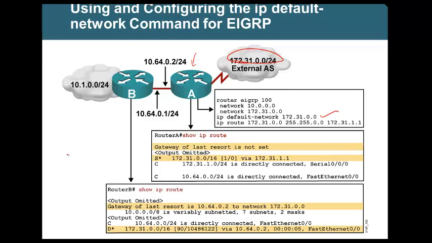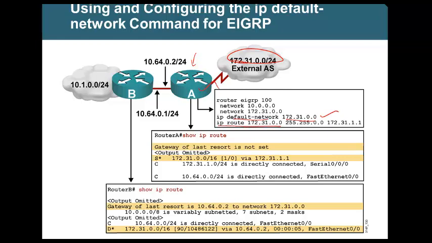Now, after defining it as a default network, you also need to have a static route in the router for that network. You may ask why? That's a good question. Why? Because if the route is not seen in the routing table for this network, EIGRP cannot advertise it.